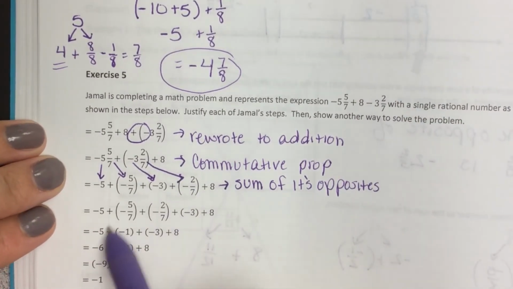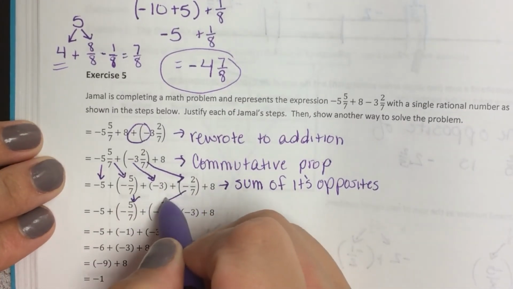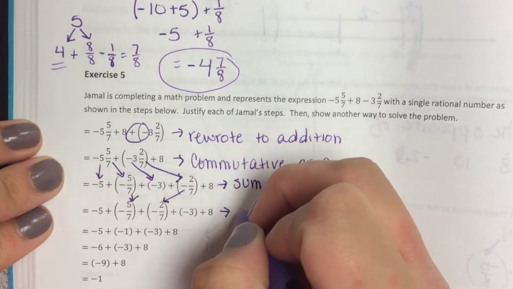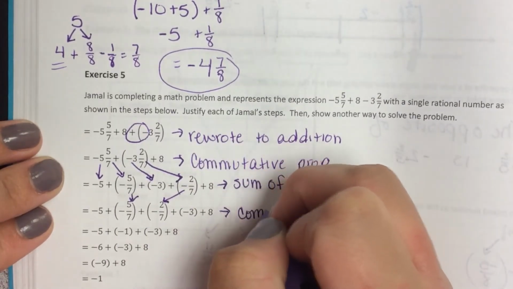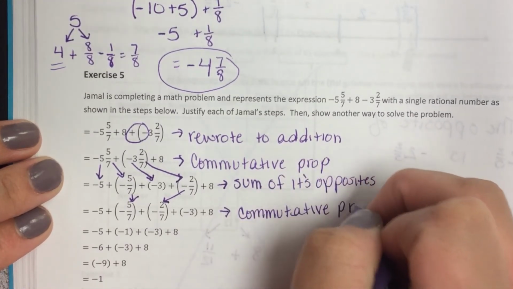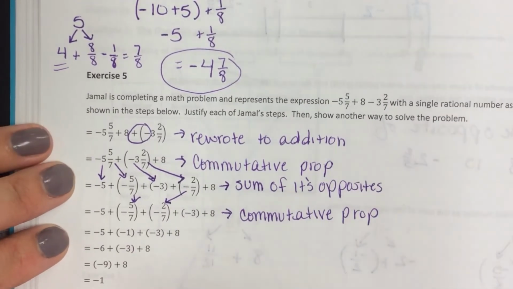And then he did a little bit of rearranging again by bringing the fractions closer to each other in their problem. So he used the commutative property again by rearranging. Anytime you rearrange, that's the commutative property. And now he's finally getting into doing some of the simplification here.